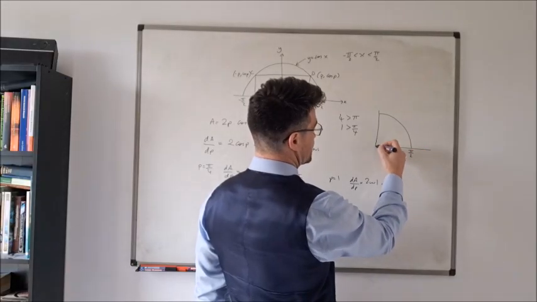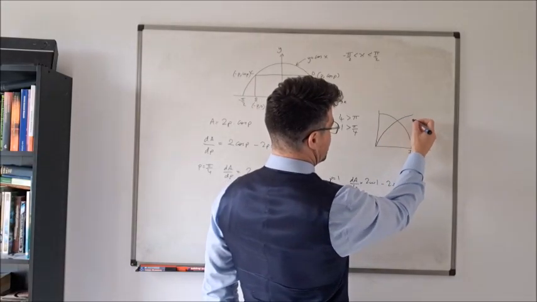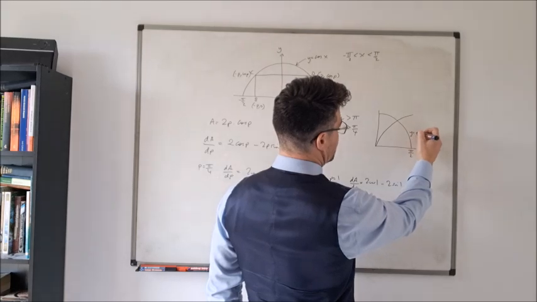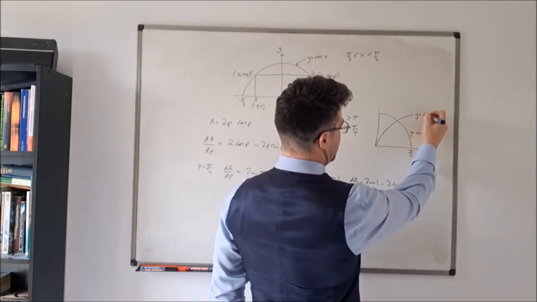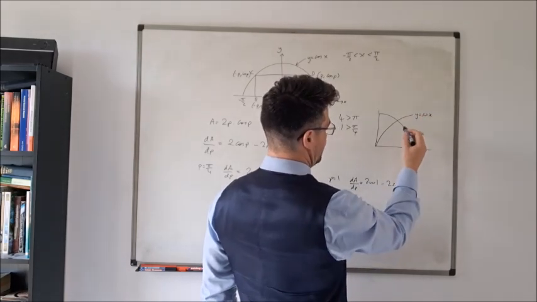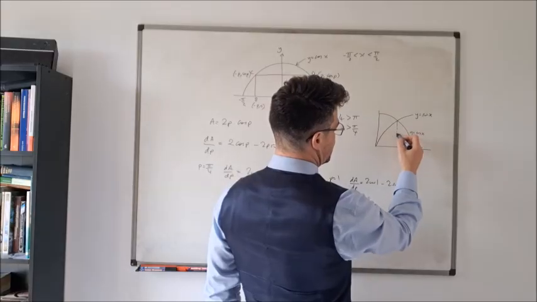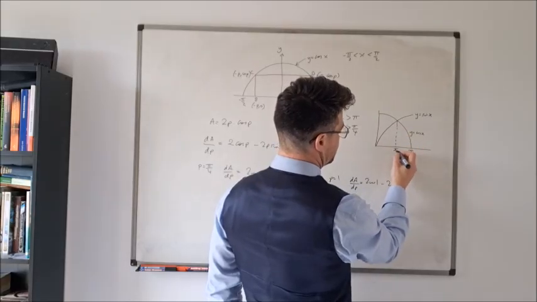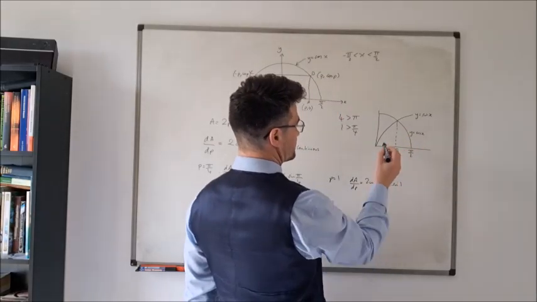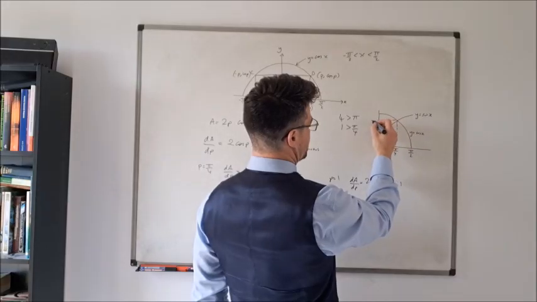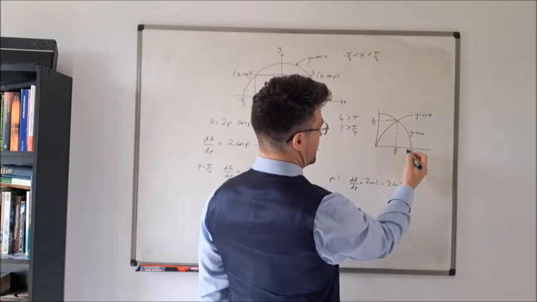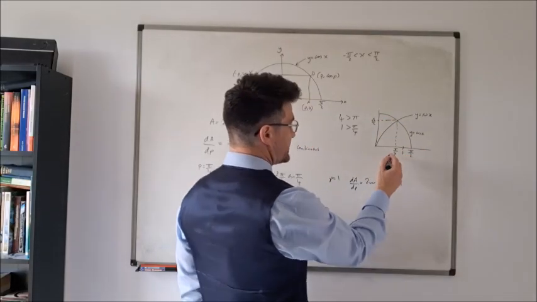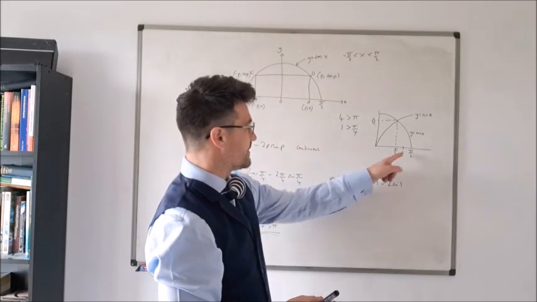So that's cos x, that's sine x. So y equals cos x, y equals sine x. We've got a point of intersection here at pi by 4, where they've both got the value root 2 over 2. And then we've got 1, which is somewhere between pi by 4 and pi by 2.